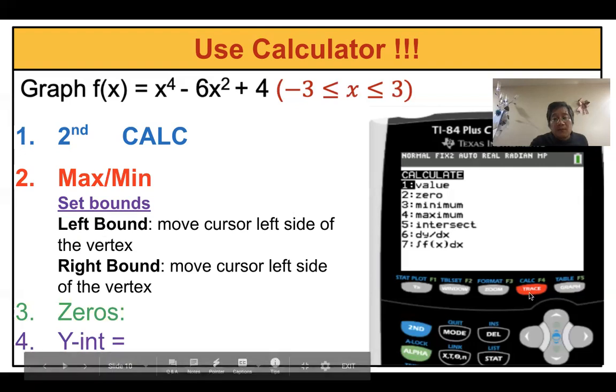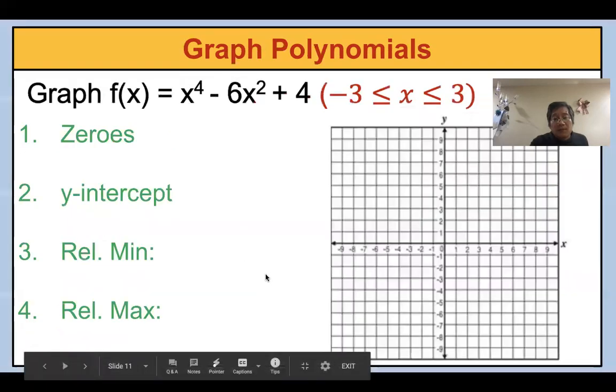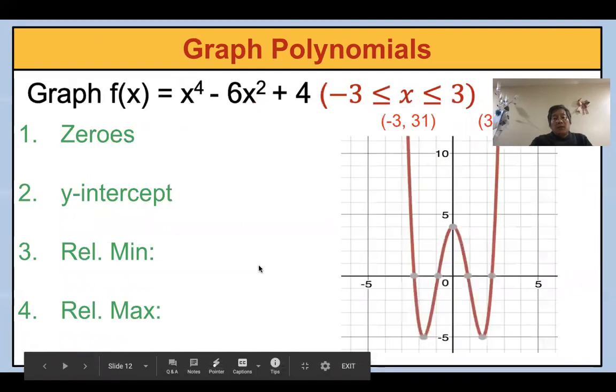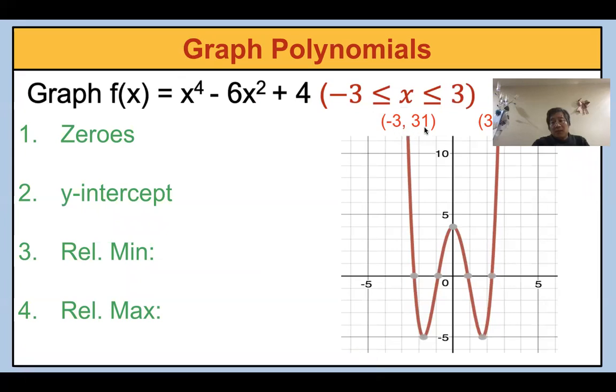All right, so let's do it one by one. If you look at the graph, it looks like this. And if you look at the calculator table, -3 and y value 31. Because I cannot show the 31 here, I just wrote down -3 and 31. And +3 and 31 is the ending point.